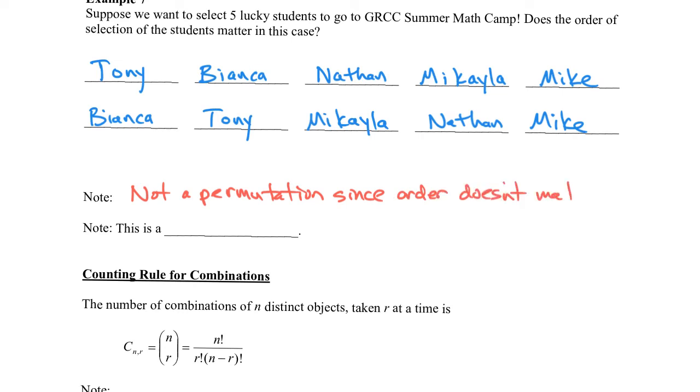In other words, when we compare this list of names to this list of names, in this context, they're the same. The order does not matter here. So it's not a permutation. This is actually a combination.